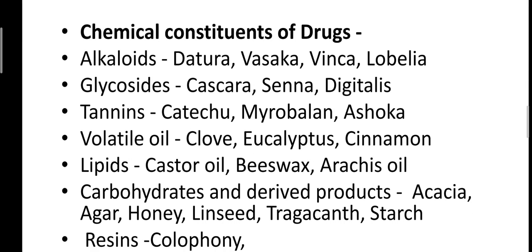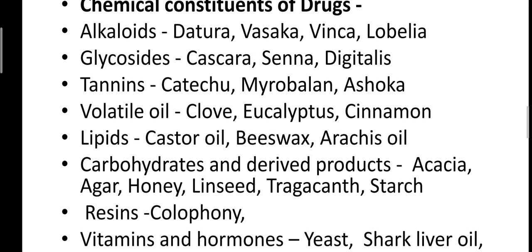Chemical constituents of drugs like alkaloids: datura, vasaka, vinca, lobelia, which have alkaloid chemical constituents present in them. Second, glycosides like cascara, senna, digitalis. Tannins: catechu, myrobalan, ashoka. Volatile oil: clove, eucalyptus, cinnamon.